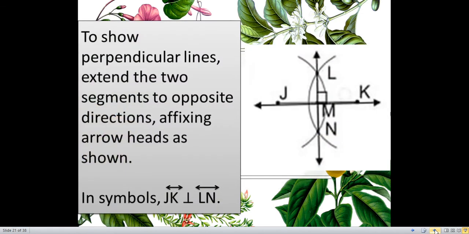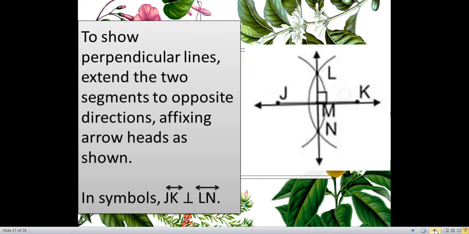To show perpendicular lines, since on the first task we have just a segment, this time you can extend it. You can make it into a line. Therefore, just put an arrowhead on the two line segments that we have before.